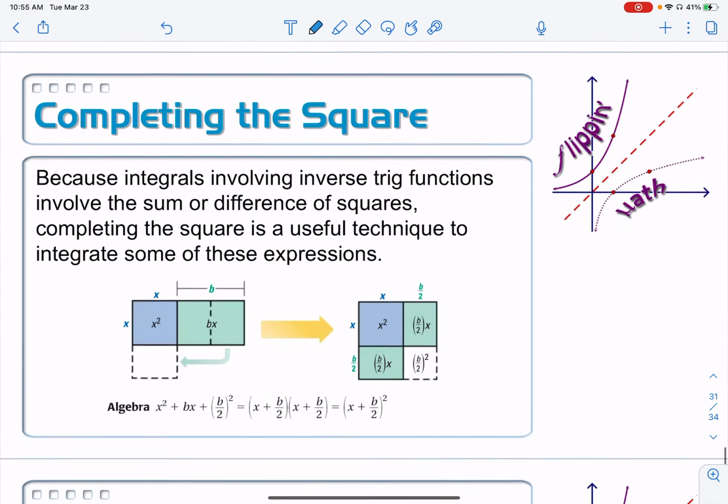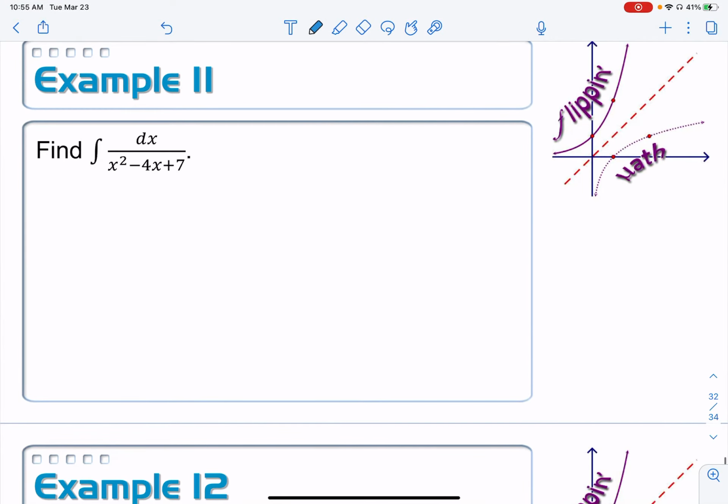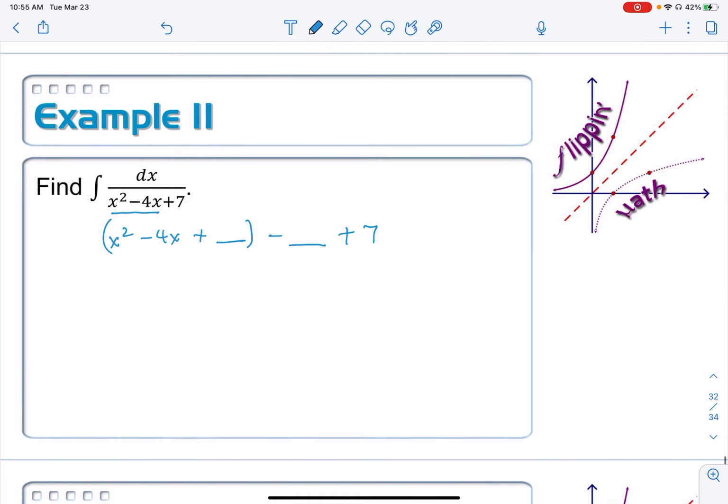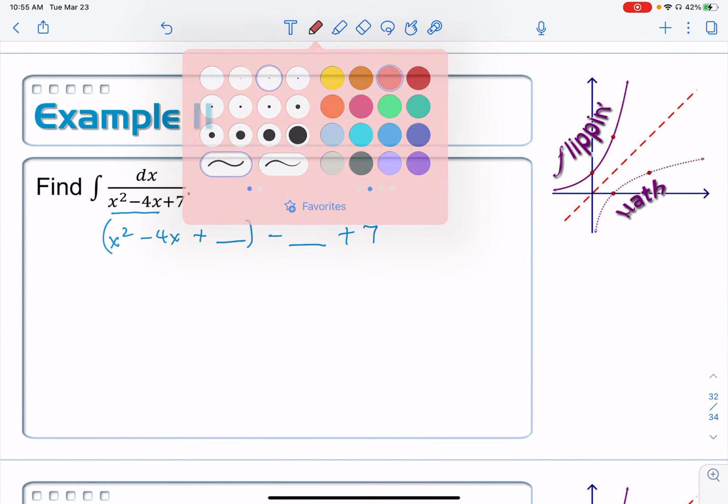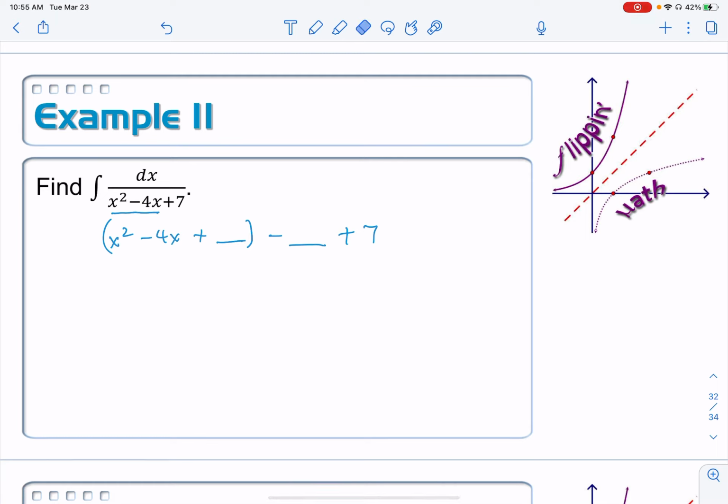Let's take a look then. To complete the square on this denominator, you just do it on the two variable terms: x squared minus 4x plus a blank, minus that same blank, and then plus 7. What number completes the square here? You take half of the middle term.